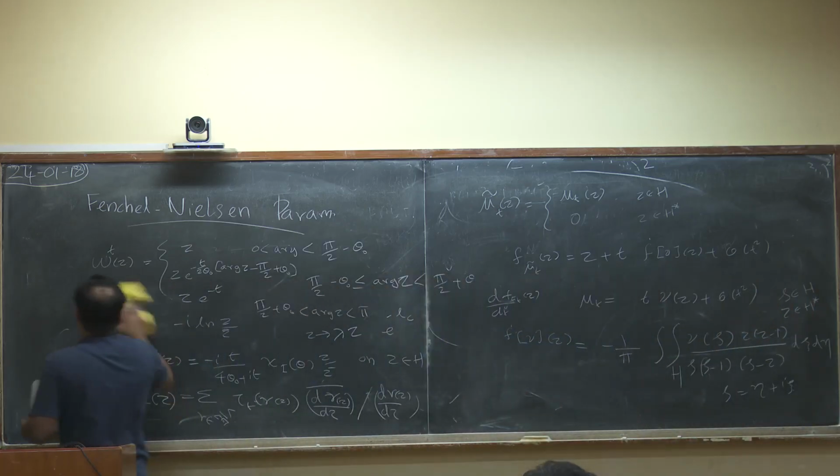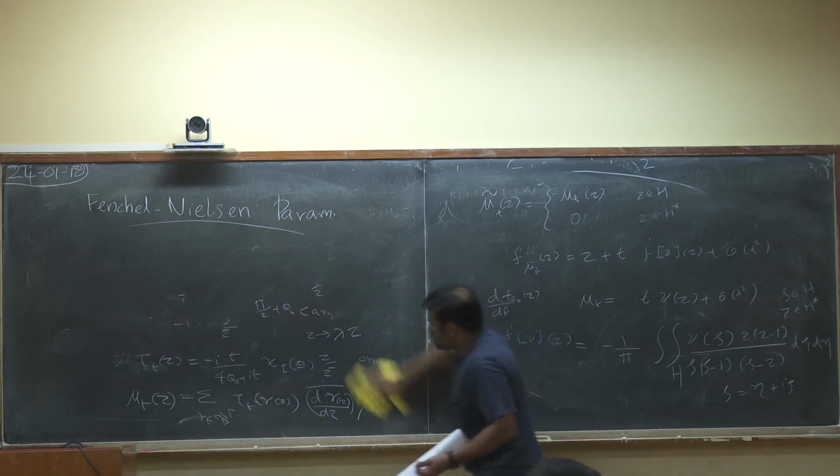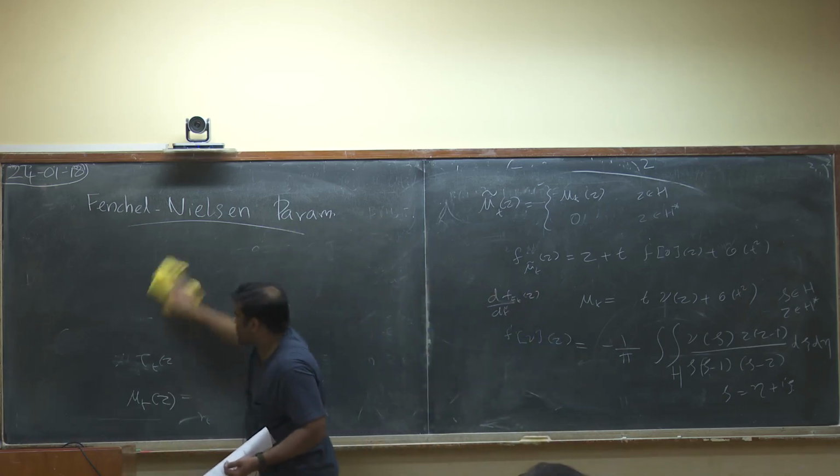And then I can use that quadratic differential to compute the harmonic Beltrami differential on the upper half plane.